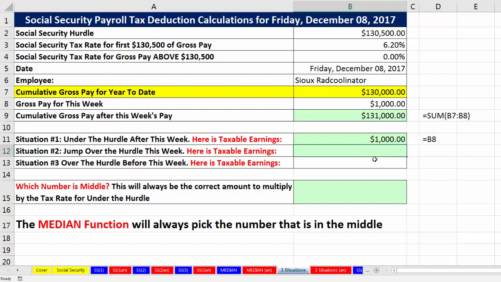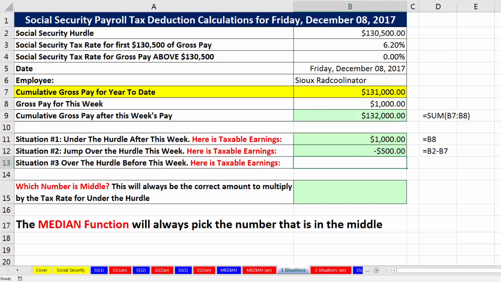So it's a different formula we have to use. We have to take whatever the Social Security hurdle is minus where we started, cumulative gross pay before this paycheck, and enter. So 500. The third situation, if we start right off the bat above the hurdle, situation 3, over the hurdle before this week even started.